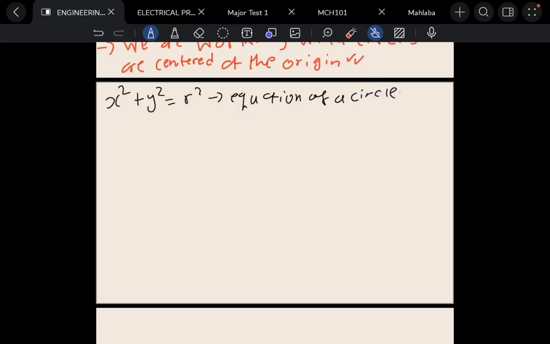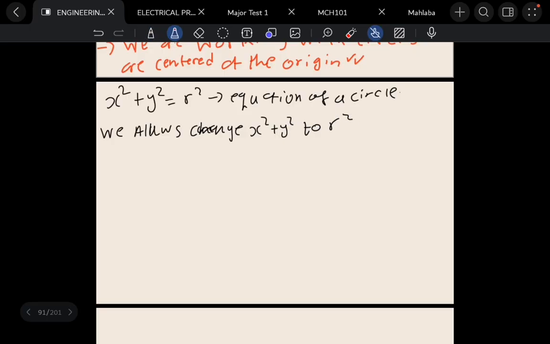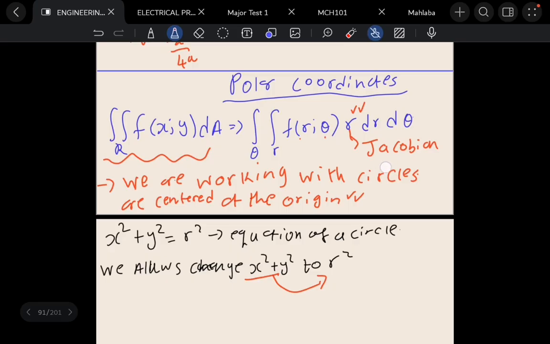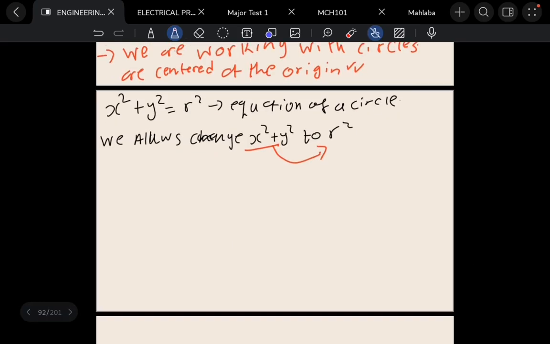And we always change x squared plus y squared to r squared. So what does it mean? You see something like this, change it to that, because our integral only has r and theta. So whenever you have x squared plus y squared, change it to r squared.